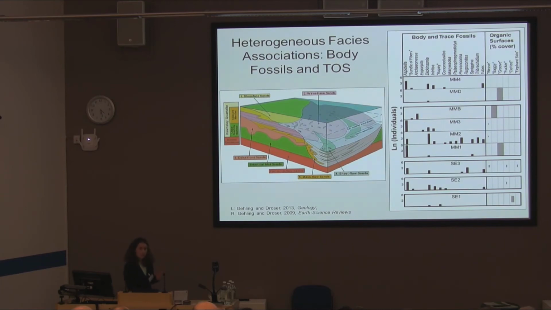They just tend to occur in different facies. So particular taxa are characterized by very particular facies associations. Interestingly, the textured organic surfaces are also characterized by very particular facies associations. Both the body fossils and the textured organic surfaces occur in a wide range of shallow marine environments, but there is considerable heterogeneity in where they are, from fair weather all the way down to below storm wave base.